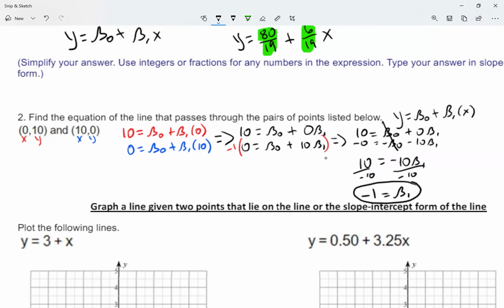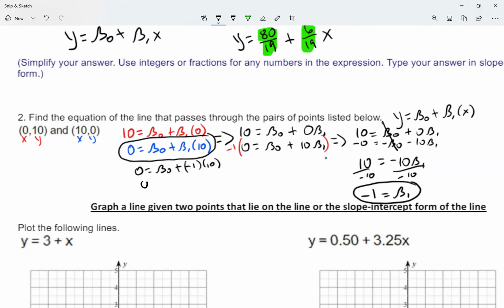So, solve for beta 0. Where can I use this? Let me use this equation here. It doesn't matter which one you use. So I have that 0 is equal to beta 0 plus a -1 times 10.